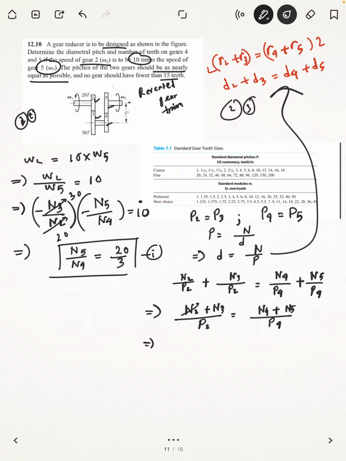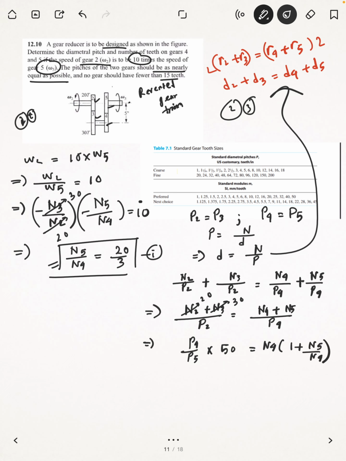Okay, the N2 value is given as 20, N3 value is given as 30. So if I input these values, we're going to end up with, and we're given an N5 by N4 ratio. So now if I write P4 by P2 times 50 is basically, if I take N4 common from this side, we're going to end up with N4 times (1 plus N5 by N4).